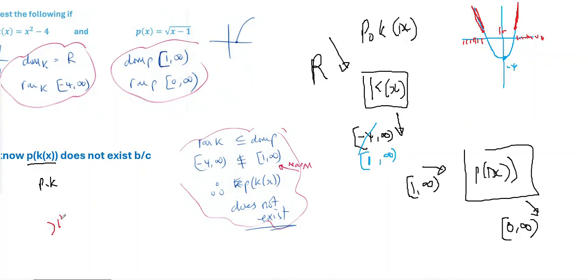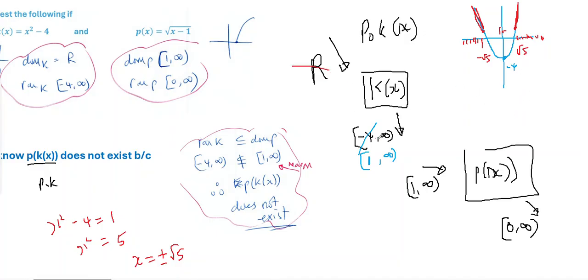So if I make x squared minus 4 equal 1, therefore x squared equals 5, therefore x equals plus or minus √5. So minus √5 is the limiting number here, and √5 is the limiting number here.